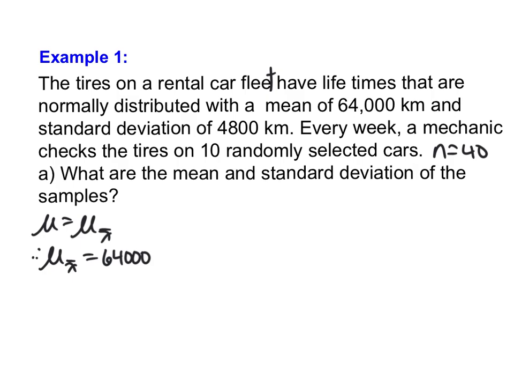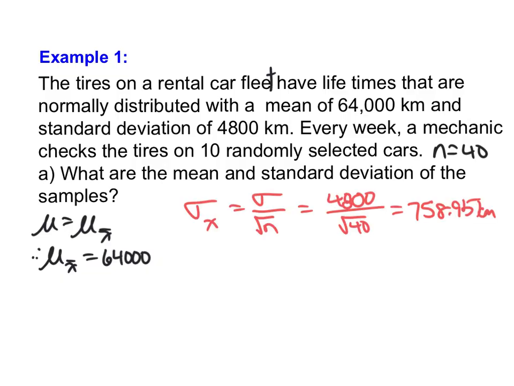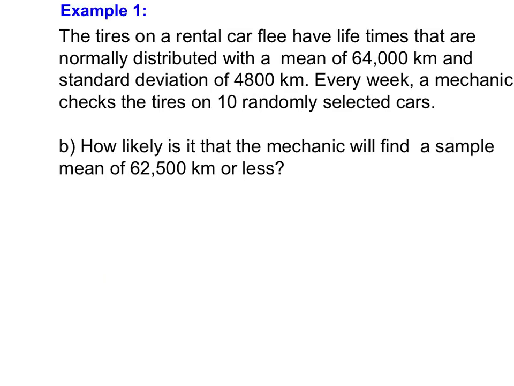The standard deviation of our sample we get from the population standard deviation, and we divide it by the square root of the number in our sample. So in this case, we've gone from a standard deviation of 4,800 for the population to a sample standard deviation of 758.95 kilometers.